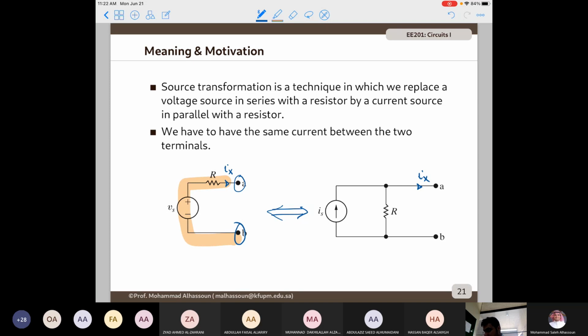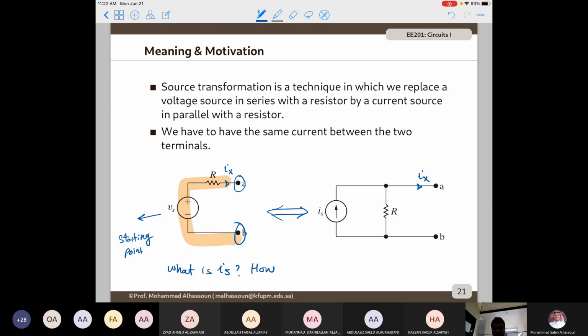This requires finding the expression of Is and relating it to Vs and R. Meaning that if we assume this is the starting point, then I need to create an equivalent circuit, but instead of a voltage source in series with a resistor, I'm going to have a current source in parallel with the same resistor.